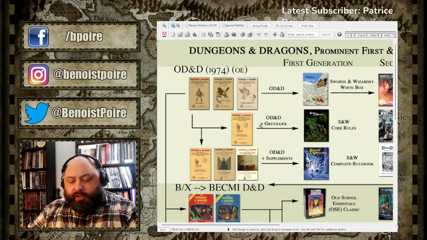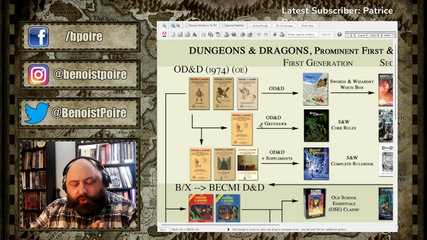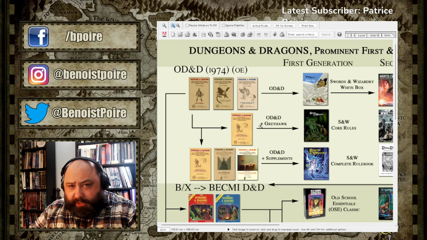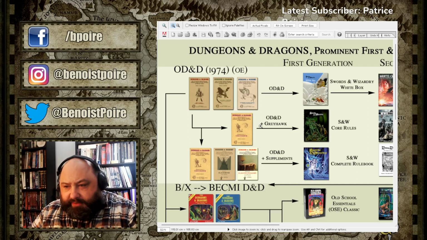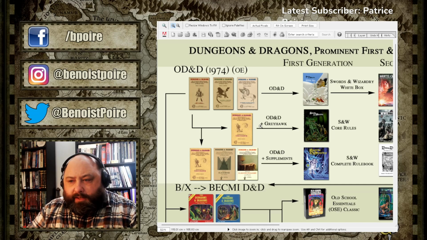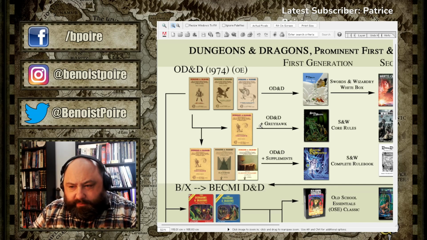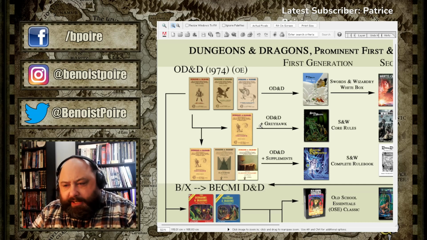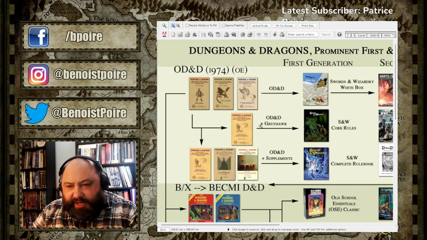That is, it includes polyhedral dice, for instance, which were not in the original little brown booklets, and elements like these. I think it has the Thief, or maybe not. Anyway, that's still a very slim rule set with just elements that very early on made it into the game from Supplement 1, Greyhawk.